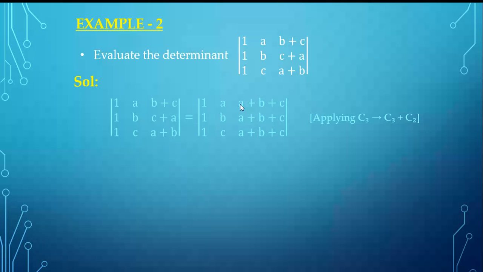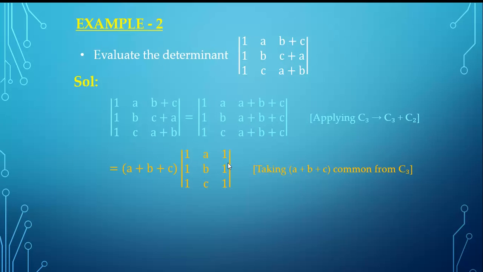In our whole C3 column we have A plus B plus C, so we can take A plus B plus C common from C3. After that we see that our C1 and C3 columns are identical, so this determinant value is 0. So this whole determinant value becomes 0.